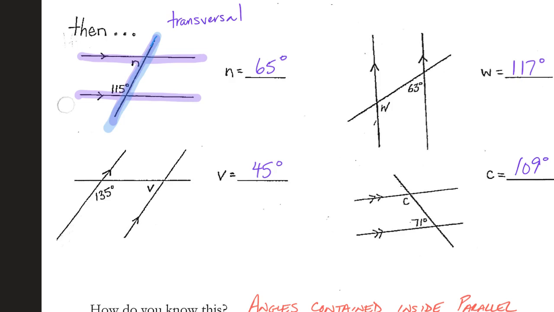Now, take a look at my next diagram. You'll notice parallel line, and now when I put on my blue transversal, I get my angle and my other angle. So the 2 angles contained inside my parallel lines. Now, if I was to get rid of some of that shading, and I only focused on the angles on the same sides of my transversal.